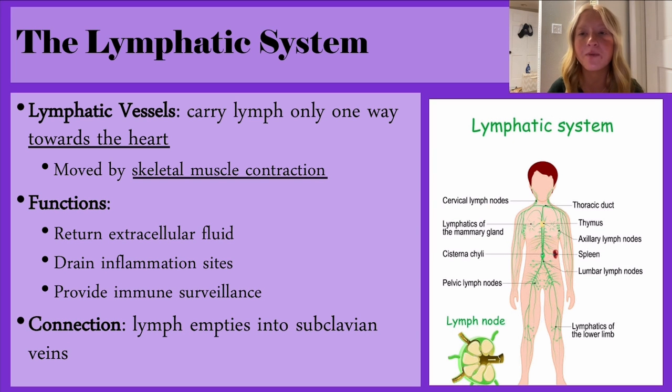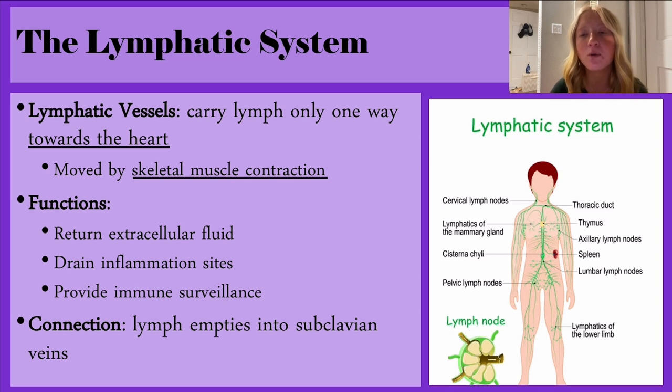So I'm going to talk about the lymphatic system. The lymphatic system acts as the body's secondary circulation, and it's composed of lymphatic vessels that carry lymph only one way towards the heart. Lymph is a fluid containing white blood cells, debris, and pathogens, and it relies on skeletal muscle movement for circulation.